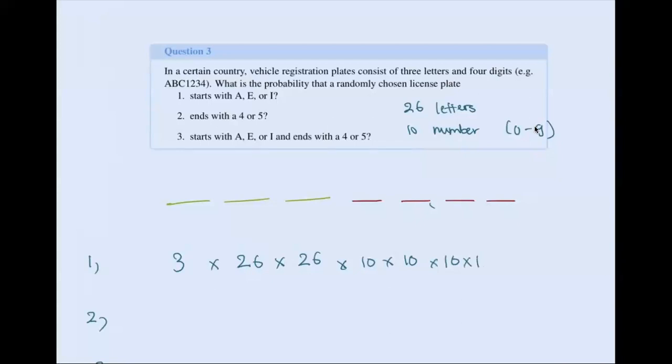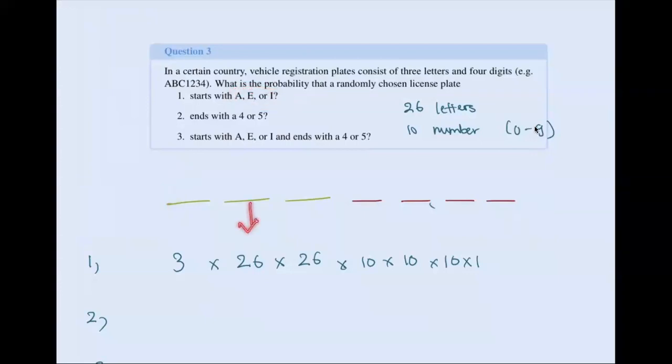So what the student did was, okay, you have a registration plate with 3 letters and then 4 digits. Then you choose how many choices there are for the first position. My plate has to start with A, E, or I, so there are only 3 possibilities for the first position. How many choices are there for the second position?